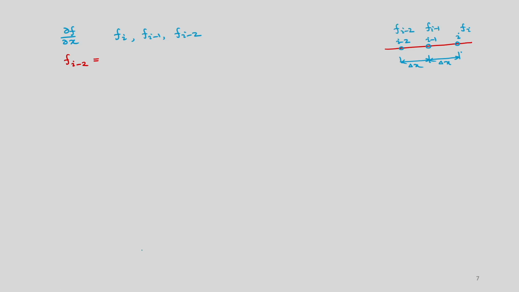So, similarly, whatever way we have derived the forward difference approximation using 3 points, we can derive the backward difference approximation to find the del f by del x, okay, using 3 discrete point values f i, f i minus 1 and f i minus 2.